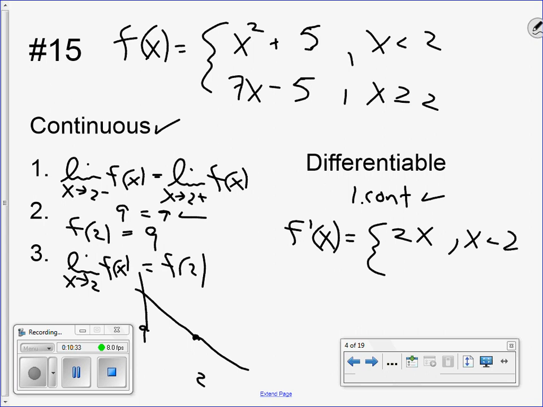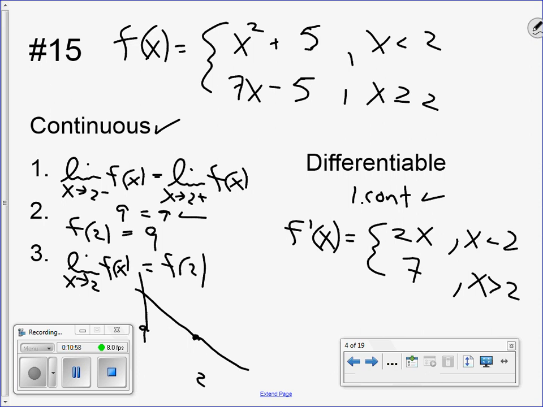What is the derivative equal when x is greater than 2? 7. And I never assume, with the equals, if I'm trying to figure out if it exists there, I'm not going to assume it is that. So, you want to make sure that as you get really close to x values of 2, the slope's approaching the same value.